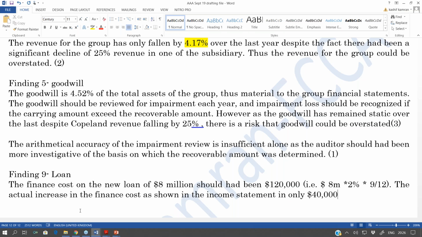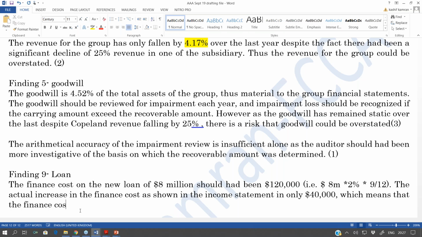The actual increase in the finance cost as shown in the income statement is only $40,000, which means that the finance cost is understated by $80,000 and the profit is overstated by the said amount, right?